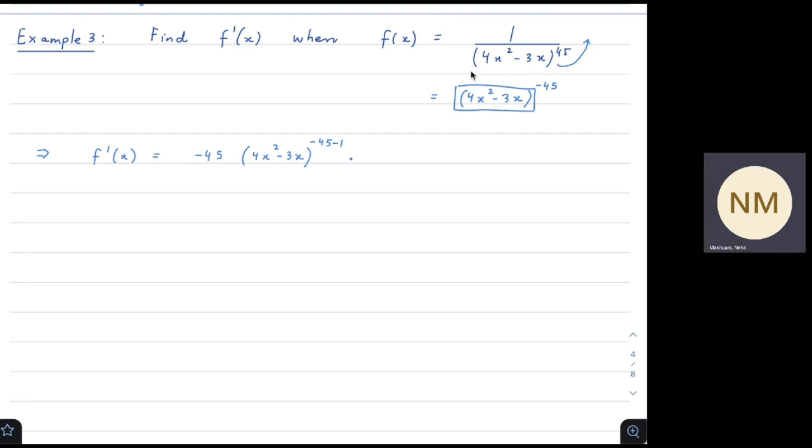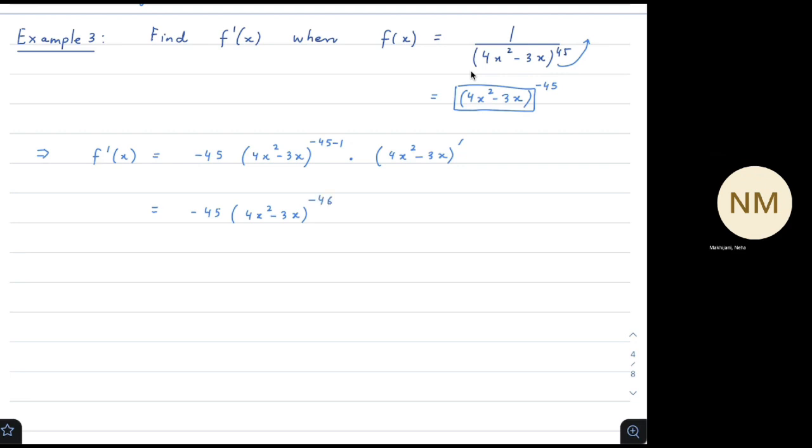Am I forgetting something? Yes, you have to also multiply it with the derivative of the box, the derivative of the inner layer. Derivative of 4x squared is 8x, derivative of 3x is 3, and that is your answer.